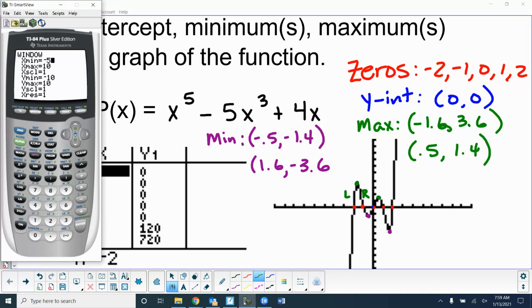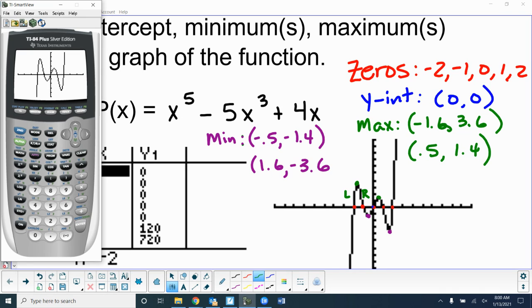So I just hit negative 5, enter, 5, enter, go by ones. You can go by whatever you want. You can go by halves or quarters, whatever you want, by 2s. We go negative 5 to 5 again, and then graph, it'll kind of make it a little fatter for you. You can zoom in on it.